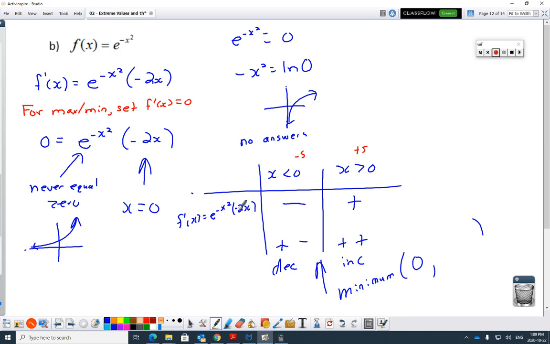And so now I've got a bunch of fixing to do. Positive, positive, positive, positive, negative, negative, increasing, decreasing, and it's a max at 0, comma, well, e to the negative 0 is e to the 0 is 1.